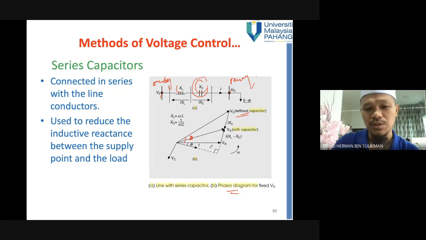So this makes the system loss become higher. So when we install the capacitor, it will bring down the sending end voltage, to make sure that it is acceptable for maintaining the receiving voltage. Okay, so this is the impact of the series capacitor.